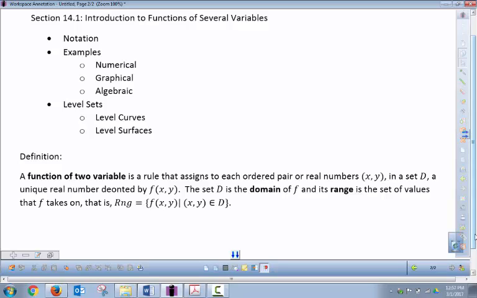The domain of f and its range are sets of values. The set D is the domain of f, where D is some set of ordered pairs of real numbers, and the output, the range, is a set of real numbers.